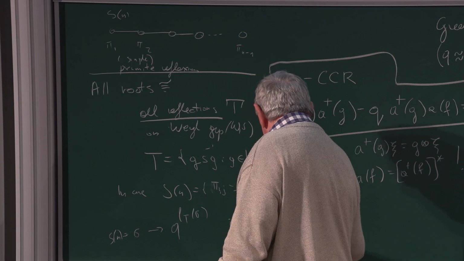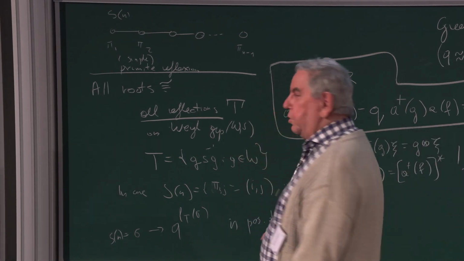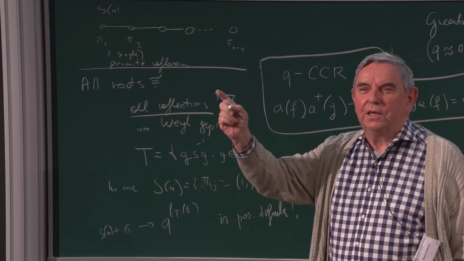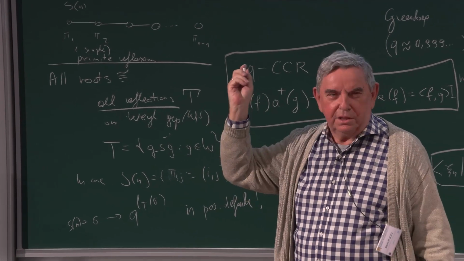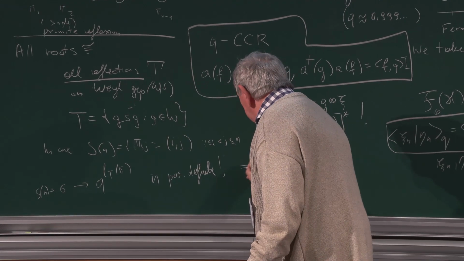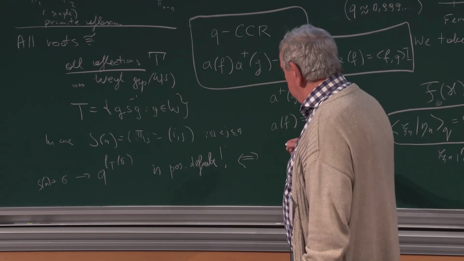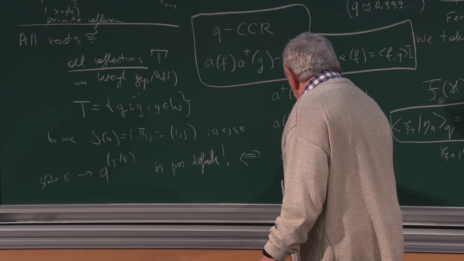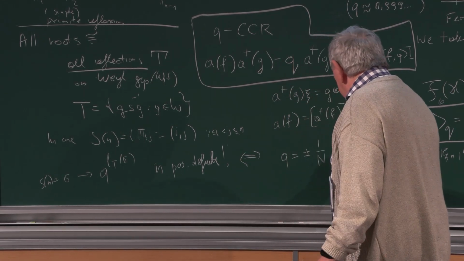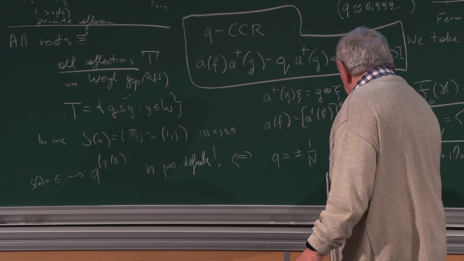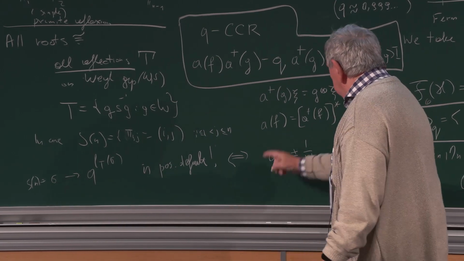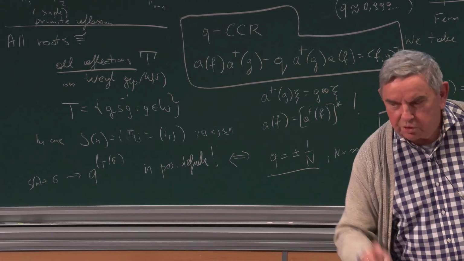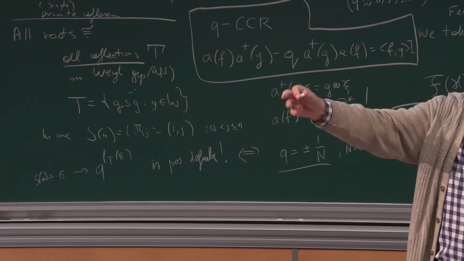This is important, not just for Q, it is quantization. It holds if and only if, which is easy to prove, Q is plus minus 1 over n, where n is 1, 2, 3, up to infinity, and infinity means Q is 0. So this is a quantization effect. Of course, plus minus 1 is Bose–Fermi.